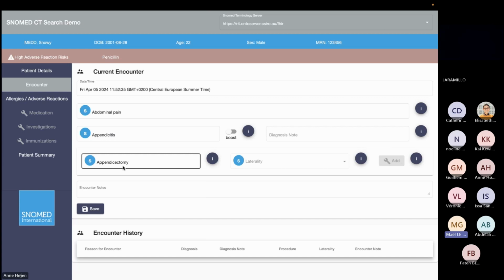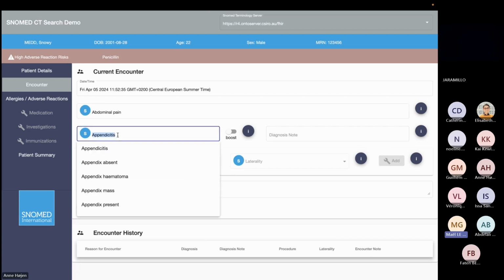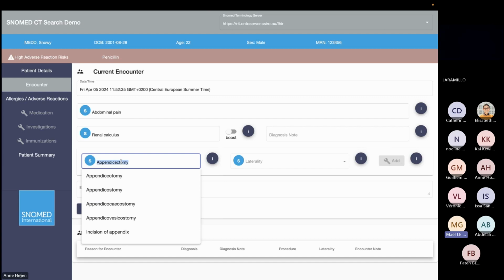It's non-lateralized. So let's say instead of the appendicitis, it was some kidney disease. Let's say we have a kidney stone. Renal calculus. And maybe we are doing some renal, I don't know if there must be some removal.